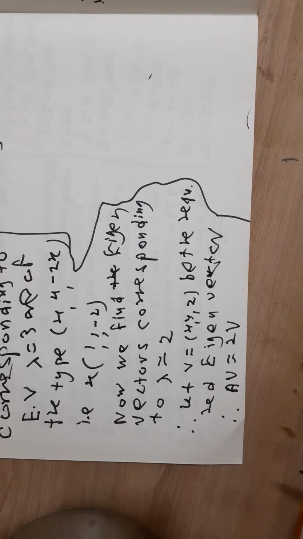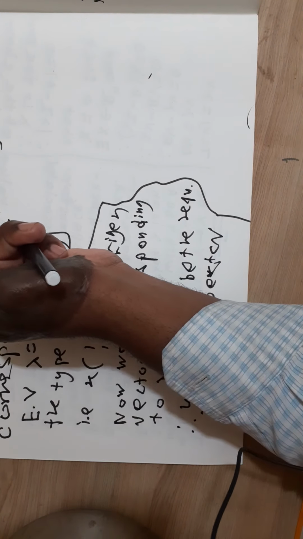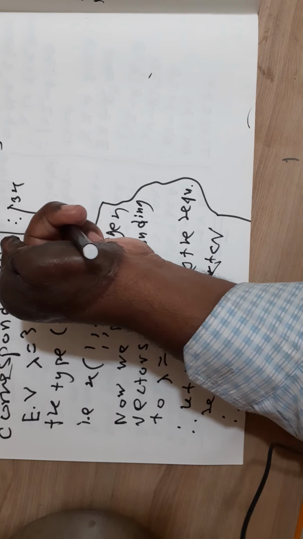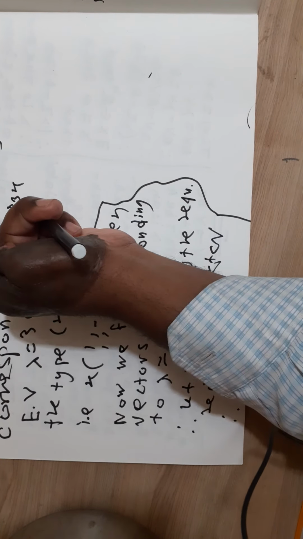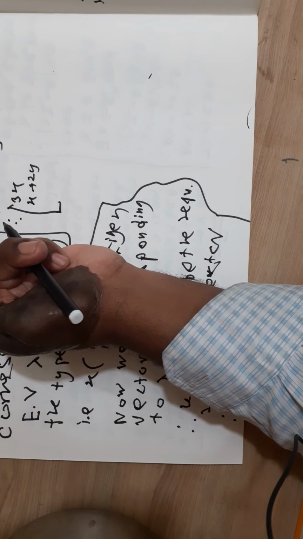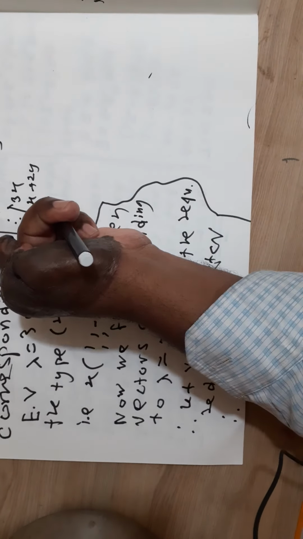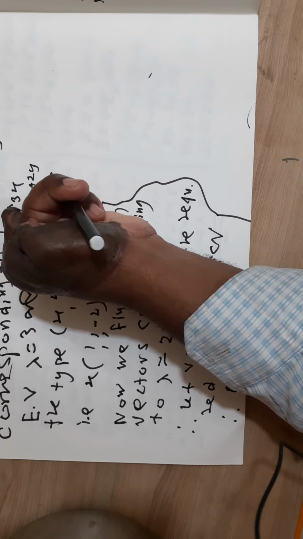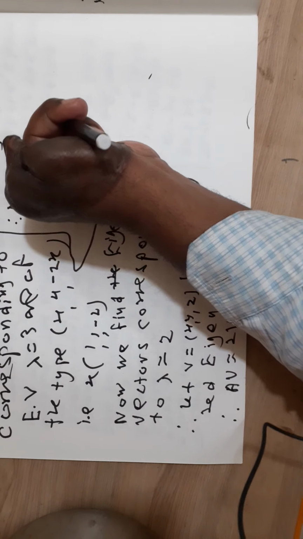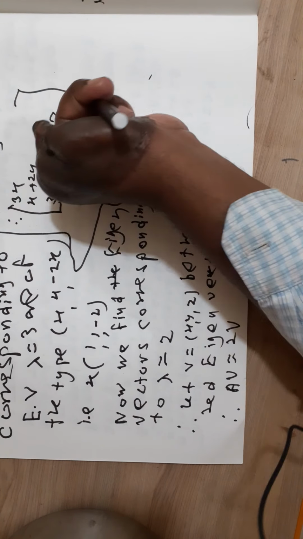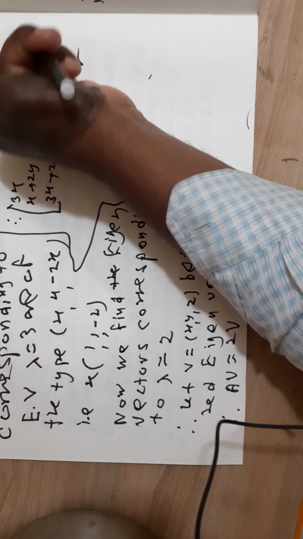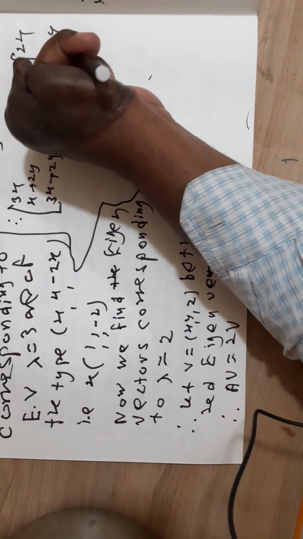Here therefore on simplifying we get 3x, then x plus 2y, then 3x plus 2y plus 5z is equal to 2x, 2y, 2z.